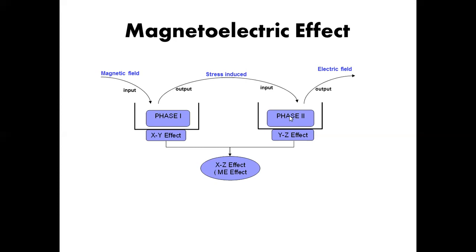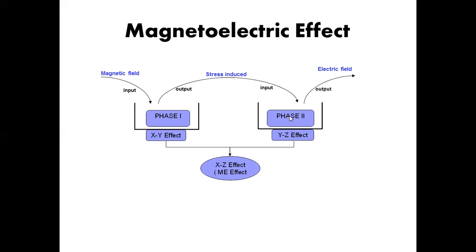This phase two material is generally a ferroelectric material, and materials such as barium titanate and lead zirconium titanate are used since they can produce higher magnitudes of the piezoelectric effect, because that is very, very important for us.